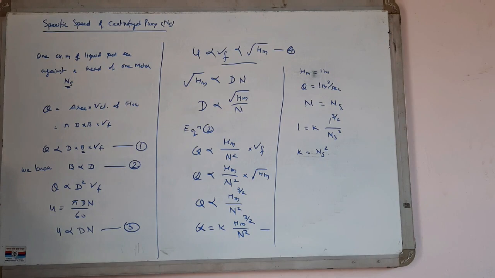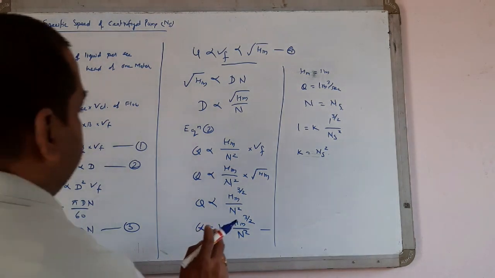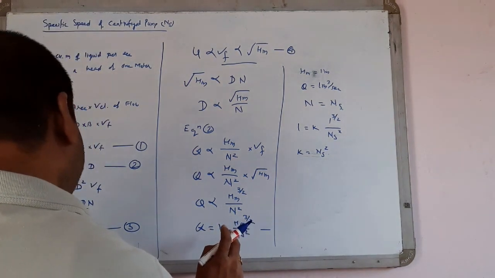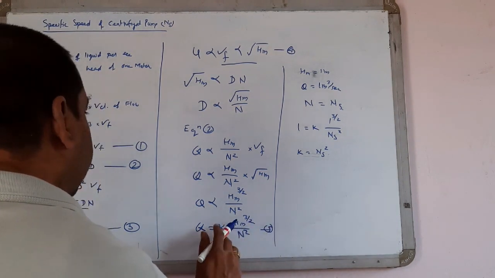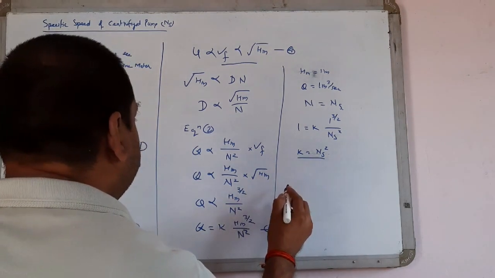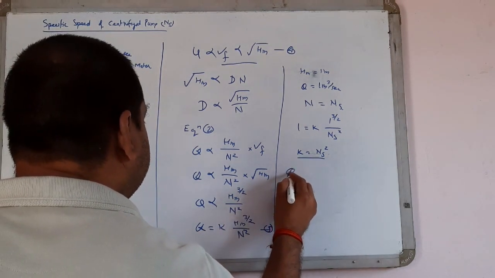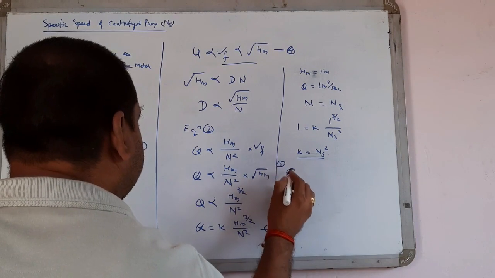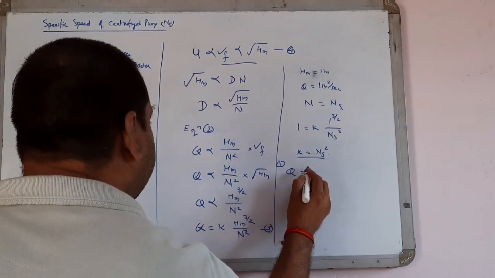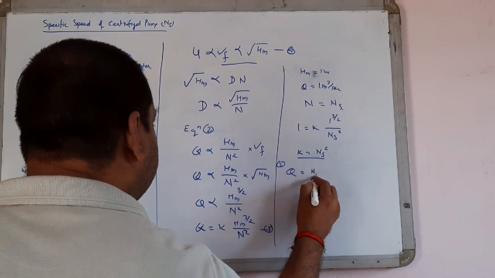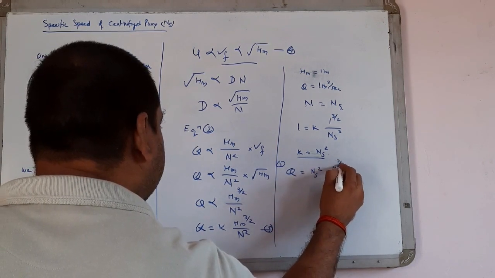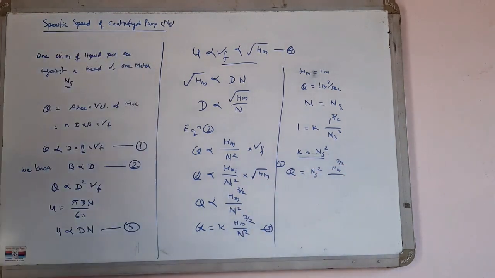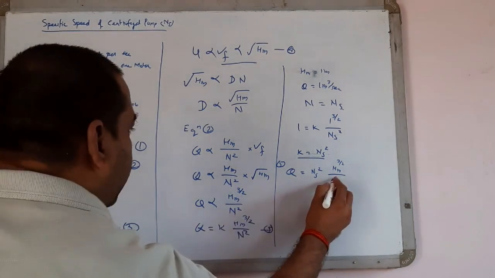Substituting the value of K in equation 5, Q equals NS square Hm to the power 3 by 2 by N square.